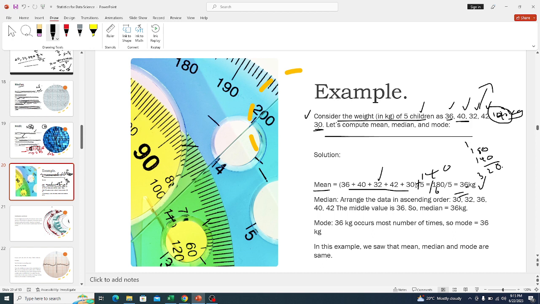Let's now divide this 320 by 6. What will be the value here?